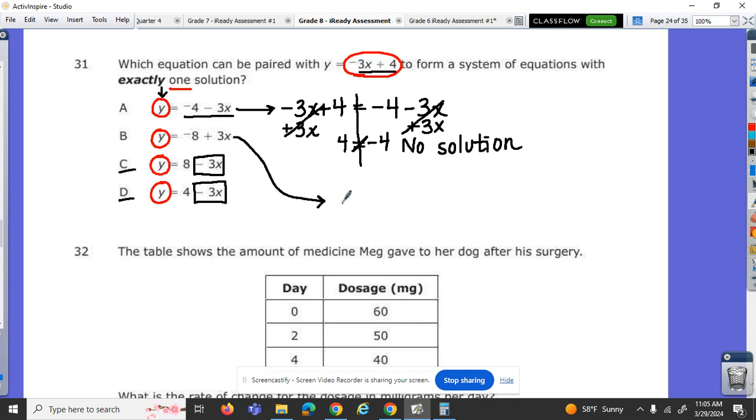We've got our negative 3x plus 4 again, and this time it's going to be equal to negative 8 plus 3x. So let's pick on the little guy. Remember that means the negative 3x will come over to this side.